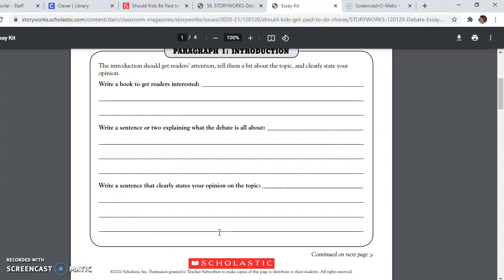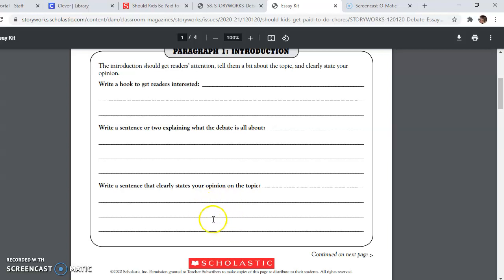This is what we call a thesis statement or a claim. So you can begin this with, I feel that kids should get paid to do their chores, and then because, and say why. Or I do not feel that kids should get paid to do their chores because, and then state why.